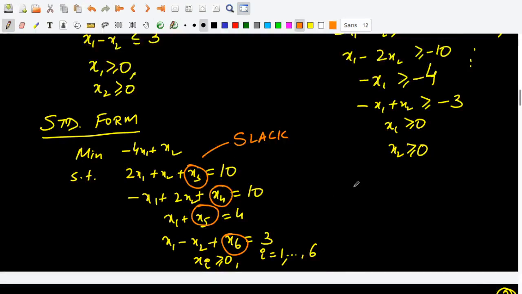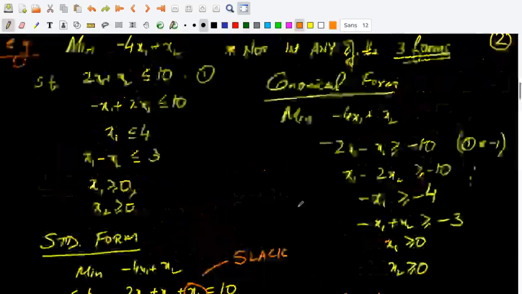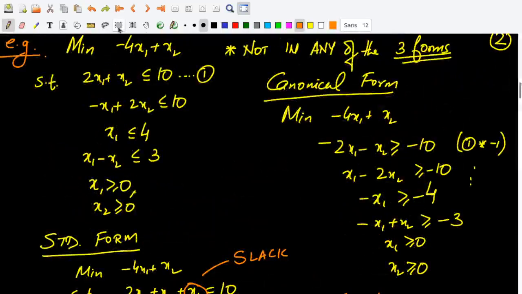And this standard form is the form that we wanted, where Ax equal to b, all general constraints are equality constraints, and then I have some more inequality constraints in the form of non-negativity of the variables. So if I'm able to solve the problem in any of these three forms, I will be able to get the solutions of all other forms also very easily, as these forms are all equivalent to each other.